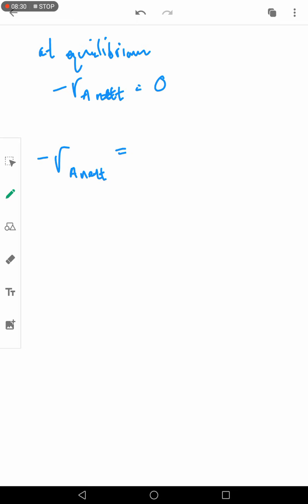So equation tadi yang kita dapat K1 CA minus CB over K equilibrium is also equals to 0.